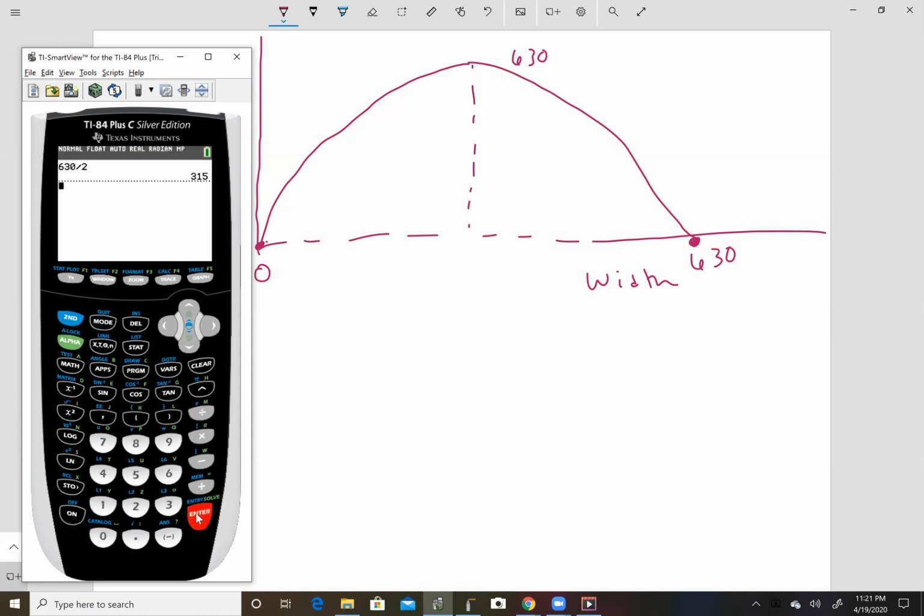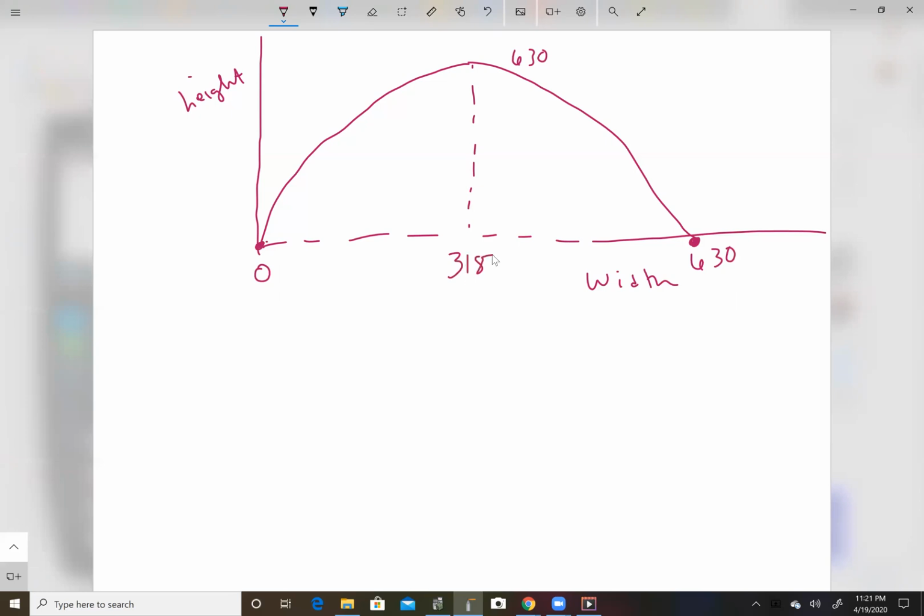Then I'm going to get the correct answer, 315. So my vertex, if I were going to write it as a coordinate point, is 315, that's my x value, comma, remember x, y, it's in alphabetical order, comma, 630.